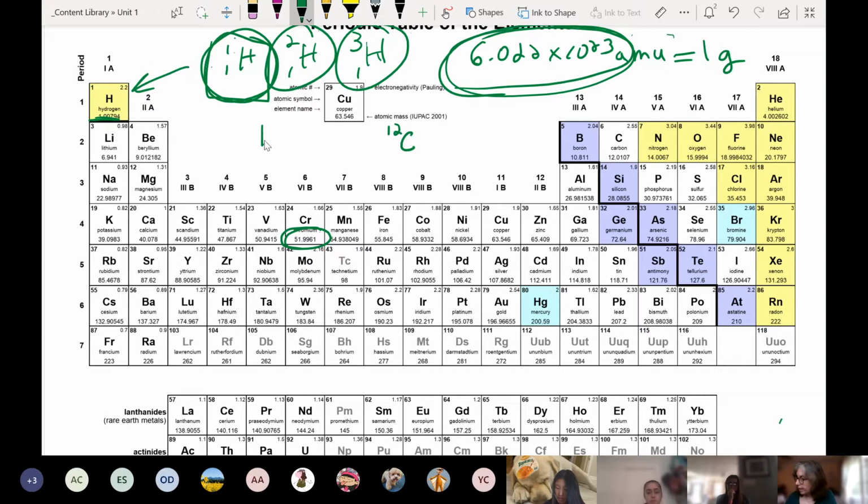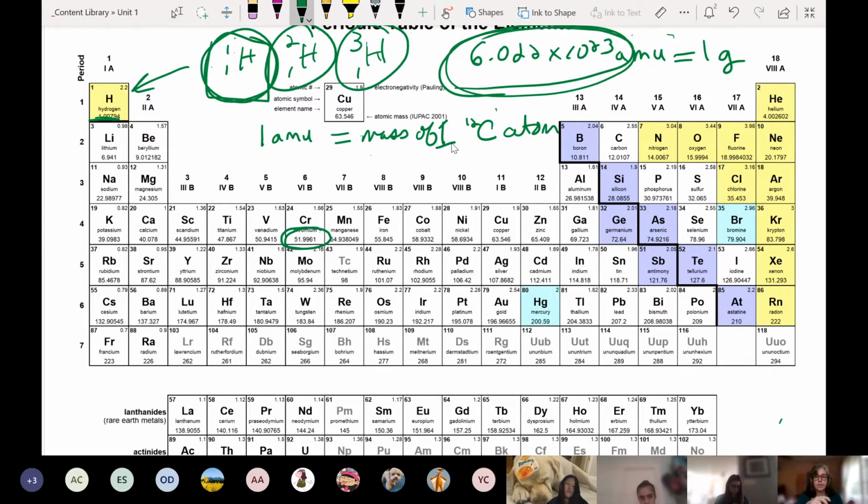Okay. 1 atomic mass unit is equal to the mass of 1 carbon-12 atom. That's how we have defined the atomic mass unit. It's the mass of 1 carbon-12 atom. And the way we measure this is people have purified carbon-12, and then they measure out exactly 12 grams of the carbon-12.